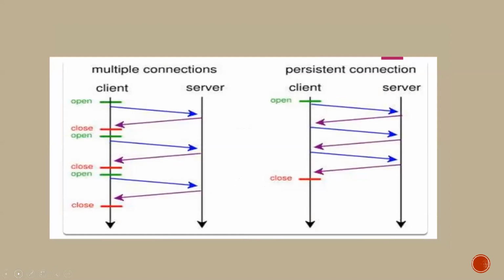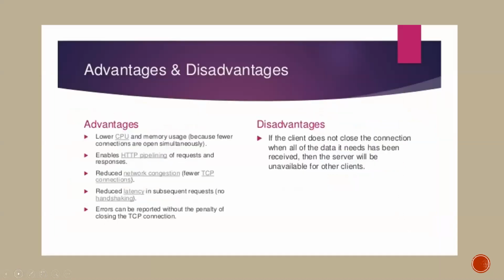Whereas in persistent connection, it is opened only once, and after all the work is finished and the transmission is done successfully, it is closed. So this is the difference between multiple connection and persistent connection.